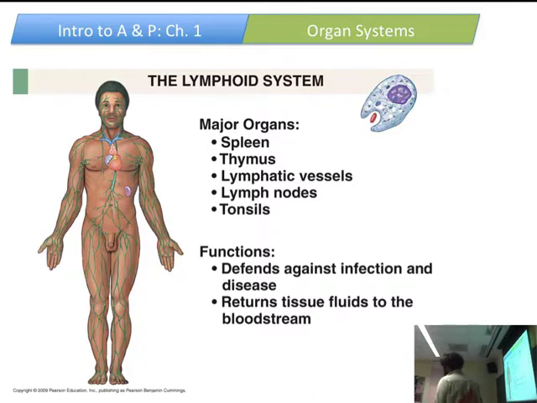It can rightly be thought of as a parallel circulatory system, another system of tubes that runs throughout the body parallel to the cardiovascular system. But it doesn't have a pump of its own.